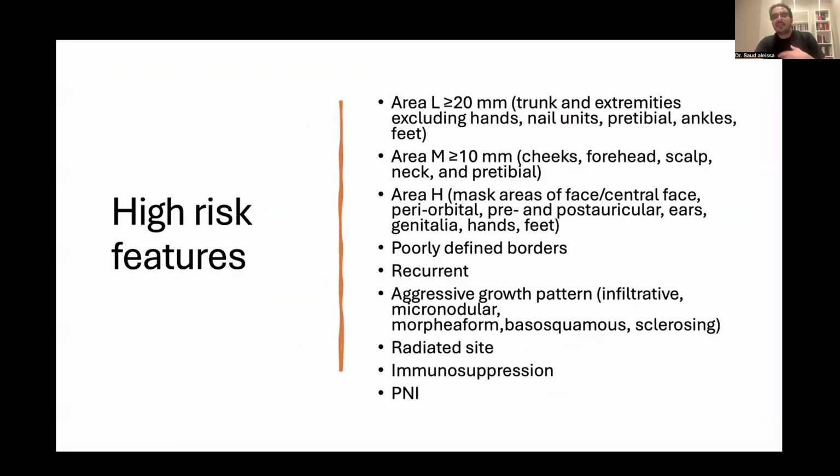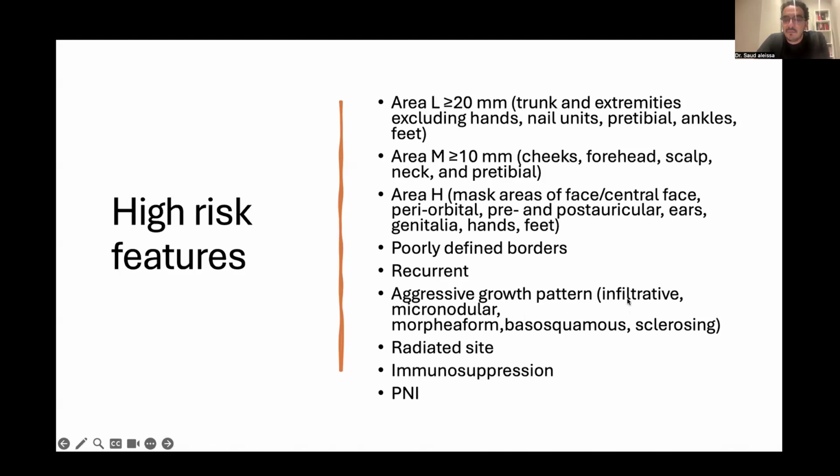Okay, what are the high-risk areas or features? We talked about SCCs, and BCCs are also important. Of course, they divide it into 3 areas. Size is important. For example, the chest is a low-risk area. You don't necessarily have to do Mohs unless it's really large, above 2 centimeters. Medium risk is on the face, in sensitive areas, and the high-risk areas are the mask areas, eyelid, ears, etc. You don't have to memorize it, but poorly defined borders, recurrence, and aggressive growth pattern are important.